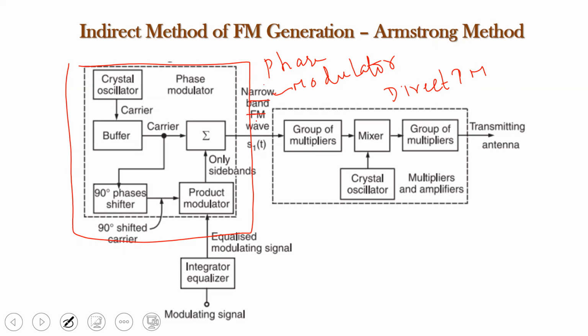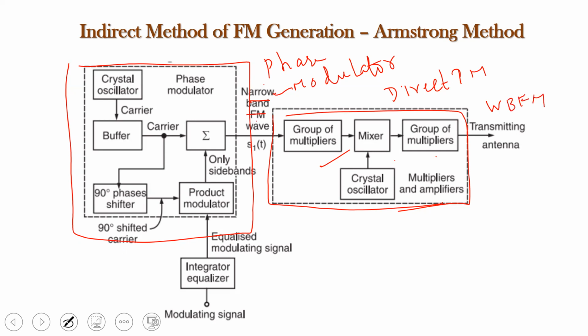And the block that is followed by this phase modulator, which is shown here, is going to have some group of multipliers and mixers, where the frequency range of the signal that is generated at the output of this phase modulator is going to be increased in sequence. See, we have not employed only one group of multiplier, instead we have a sequence of multipliers where in each stage the frequency of the narrowband FM is going to get increased, and at the output of this multiplier circuits we are going to generate a wideband FM.